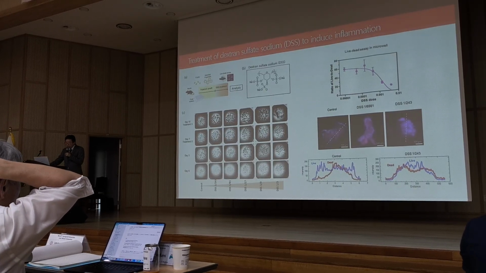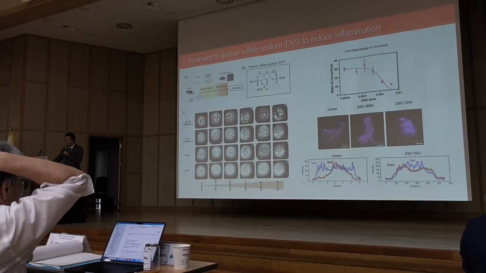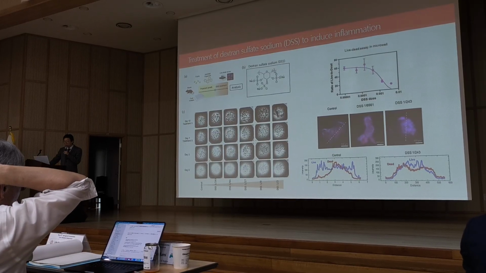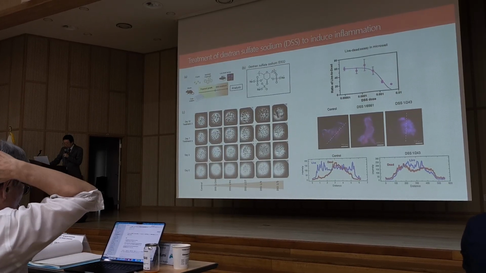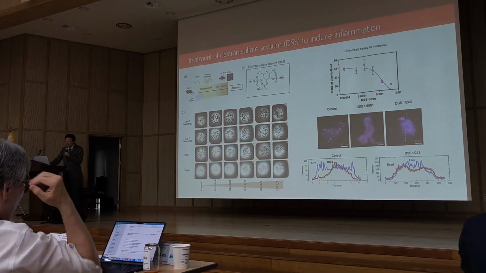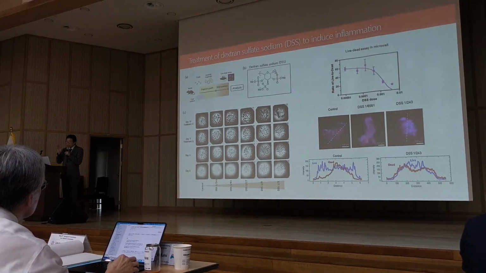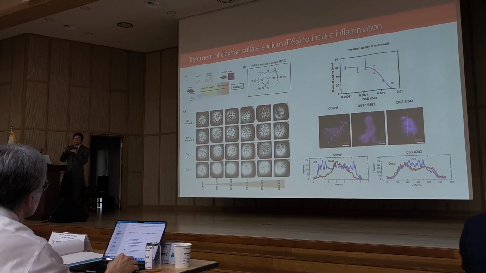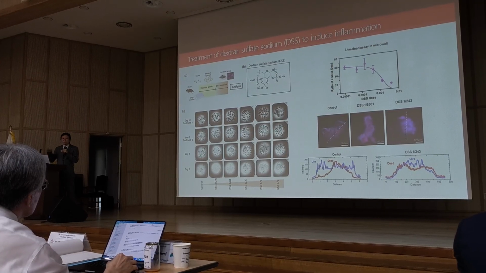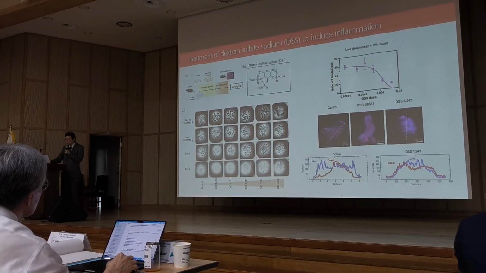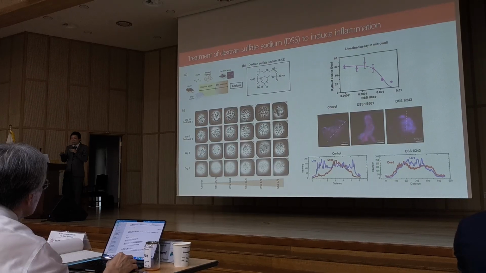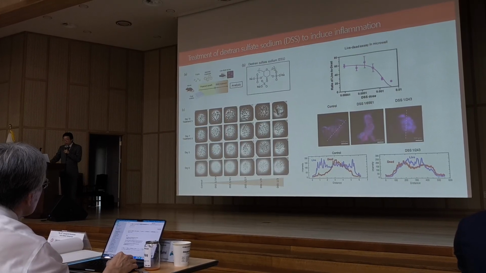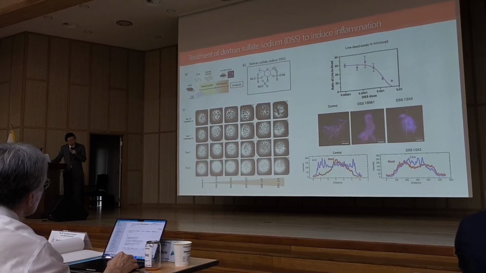And after culturing, we performed a live dead assay, which shows a dose-dependent manner. In the control samples, as the previous movie shows, this intestinal organoid has very fast and rapid turnover. So apoptotic cells are accumulated inside the lumen. Blue color is live cell and red color is dead cell.